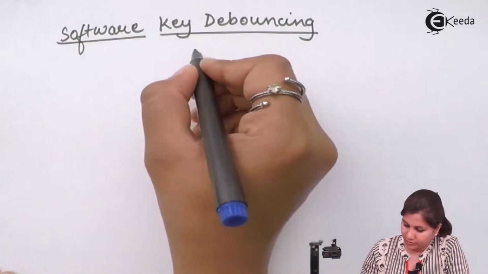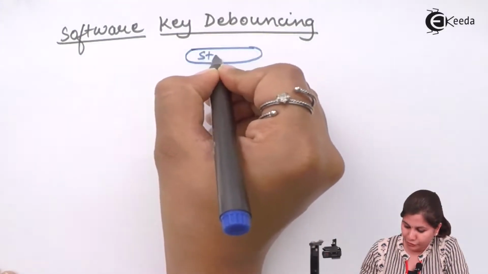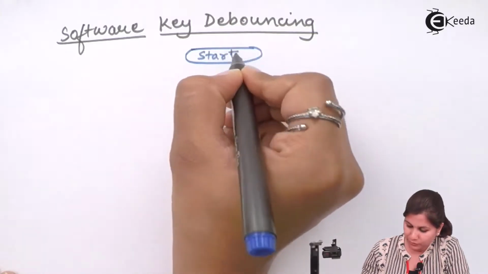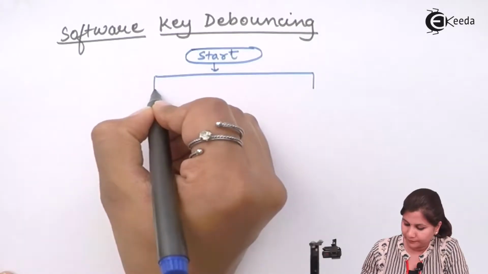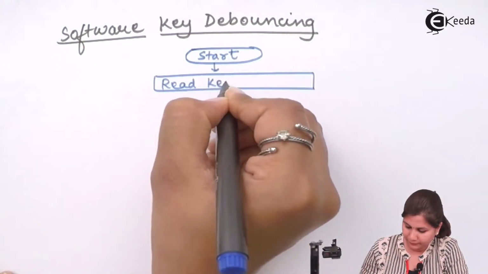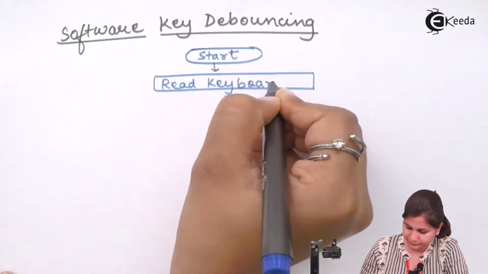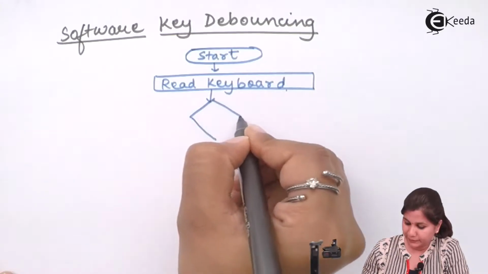So here, let's see the flow chart. First of all, the program is going to start, then it is going to read the keyboard. Then it is going to find whether a key is pressed or not.